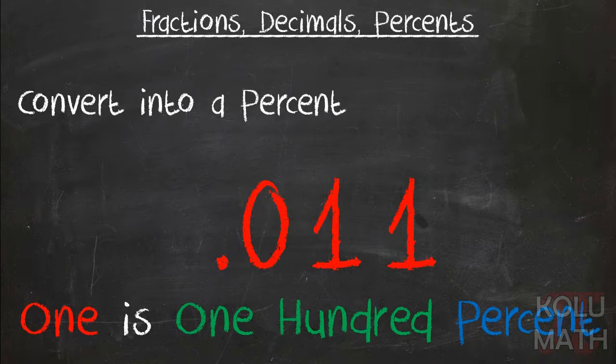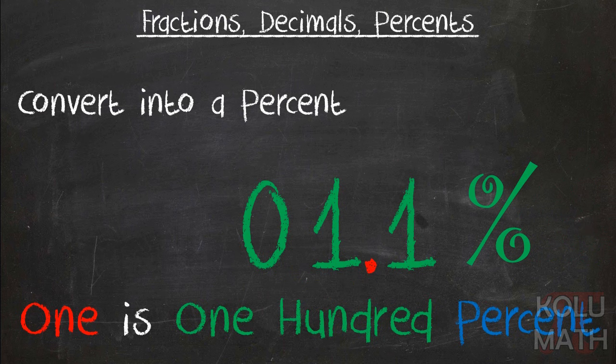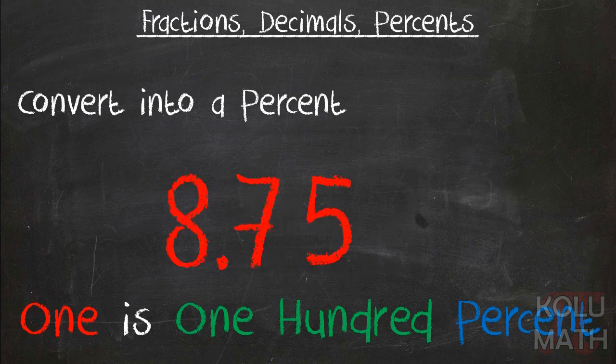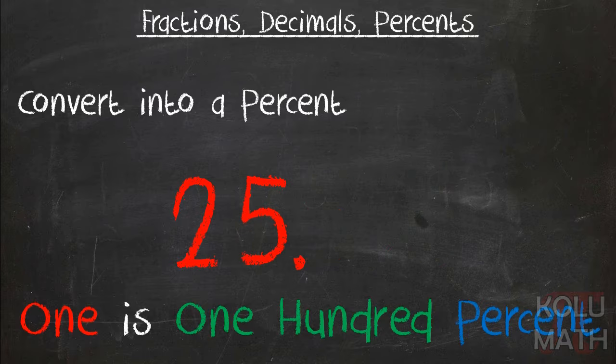Let's try another one. 0.011. Okay, I'm going to move the decimal twice and add a percent sign. Just that simple. Now I've got a percent. 8.75. Move the decimal point twice to the right. Add a percent. 875%.